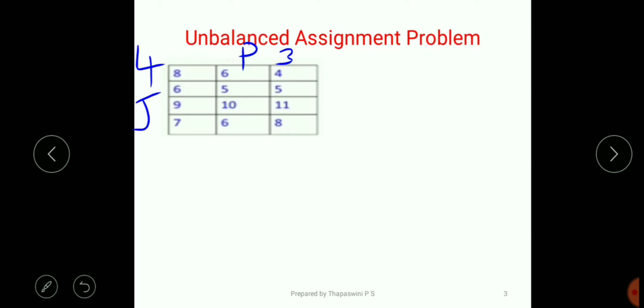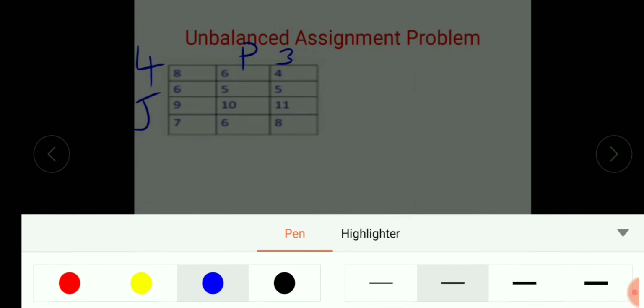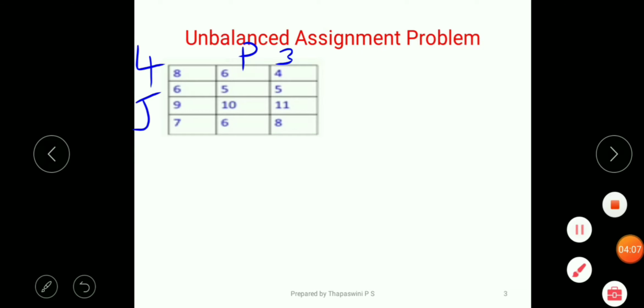So now the first thing we do is we have to make these entities equal in number. Here we have 4 jobs and 3 people.